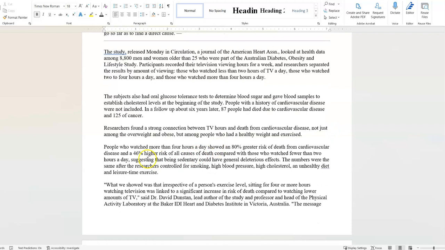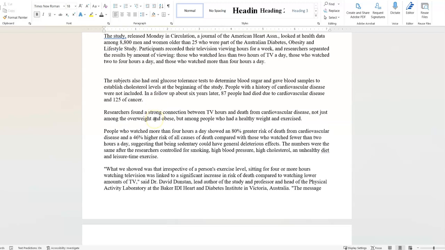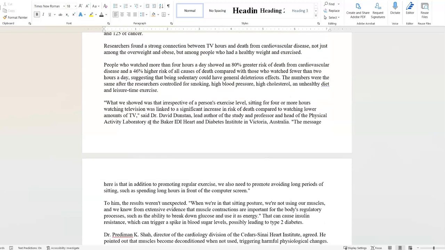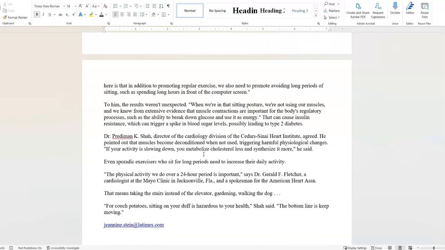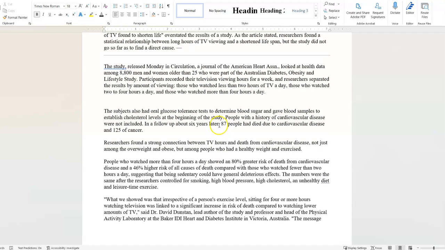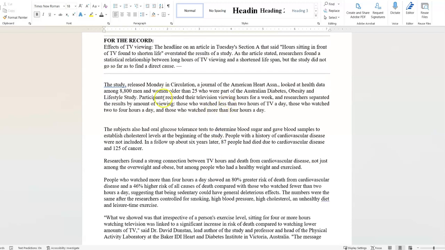Then they were asked to go home and watch TV in their regular way, and they recorded how many hours a week. The participants were given those tests, and then for the next week they recorded their television viewing and reported how many hours of TV they watched a day. That's how they gathered their data. That's what the experiment was.